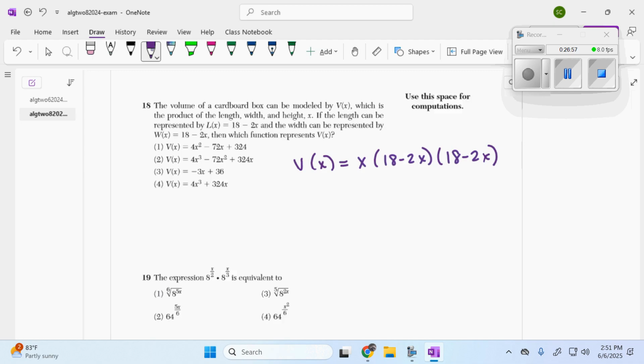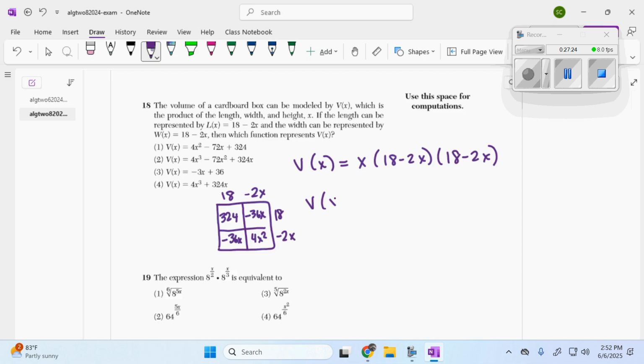Well, again, we can use our calculator to graph that and then graph all of our choices and see which one matches. Or, since we're reviewing and practicing our algebra skills here, we can multiply 18 minus 2x times 18 minus 2x. We get 324. We'd get negative 36x. We'd get negative 36x. And we get positive 4x squared.